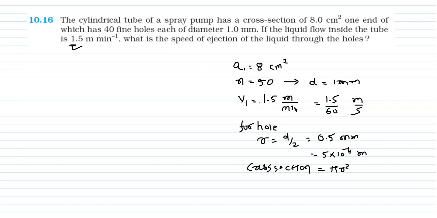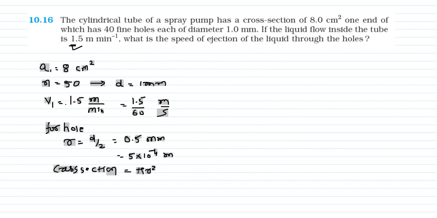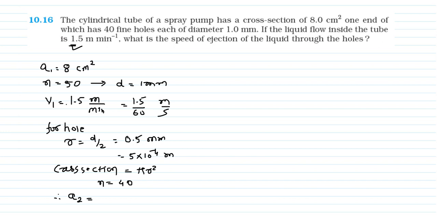It is for one hole. तो इसको हम पूरा हमारा डेटा ही कंसीडर कर लेते हैं. And the number of holes n is equal to 40. तो यहाँ पर हम A2 कहेंगे, 40 pi r square.